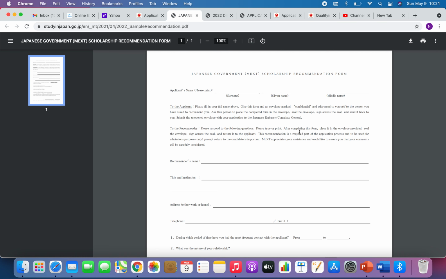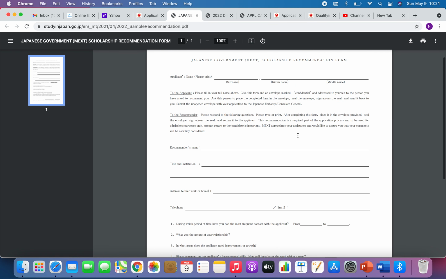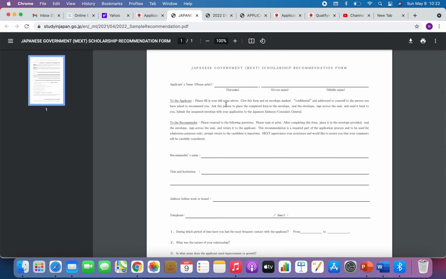So to the applicant, if you choose to use this sample, please fill in your name above and on the envelope marked confidential. So on the envelope, you should have it written confidential and addressed to yourself. Okay, confidential, and your name should be on the envelope. Confidential and addressed to yourself, to the person you have asked to recommend you.